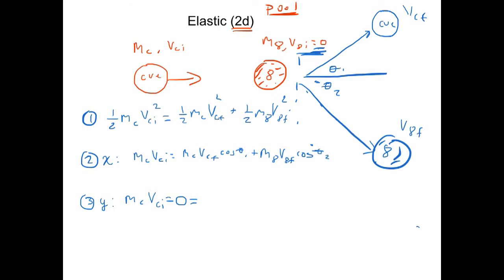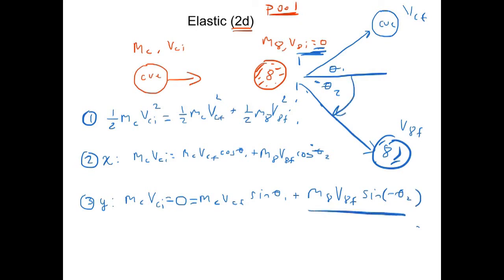So then we get m_c, the mass of the cue ball, times the final velocity of the cue ball, sine of theta 1, plus mass of the 8 ball times final velocity of the 8 ball times sine of negative theta 2. Negative because it's heading downwards. And so this result will be a negative value.